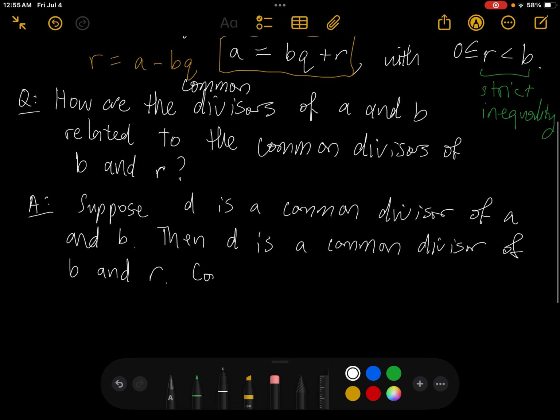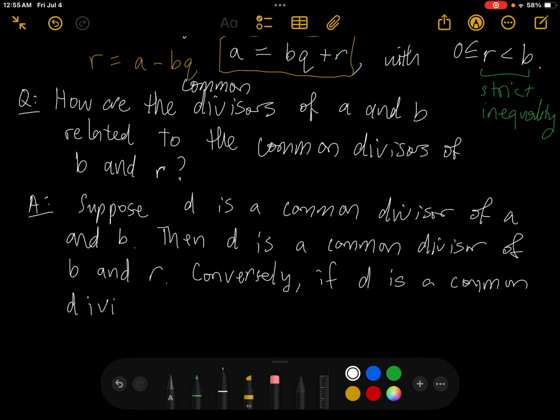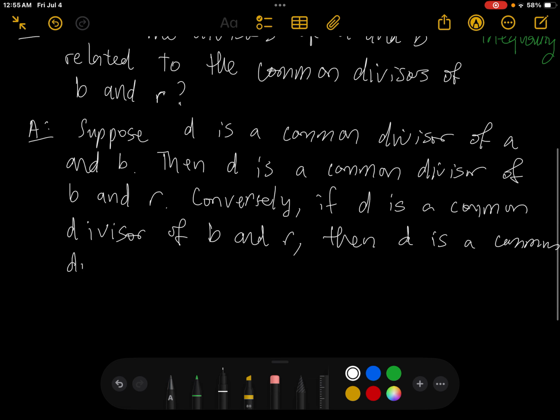And conversely, if d is a common divisor of b and r, then d is a common divisor of a and b.